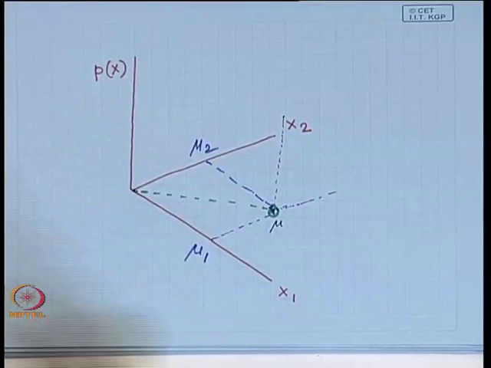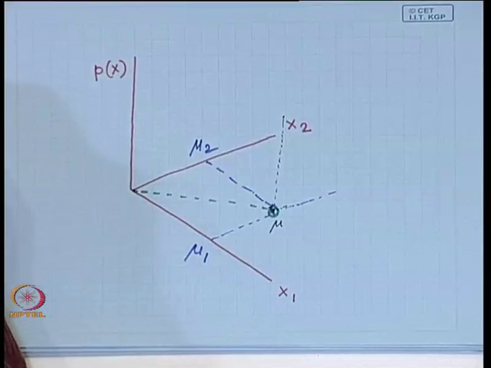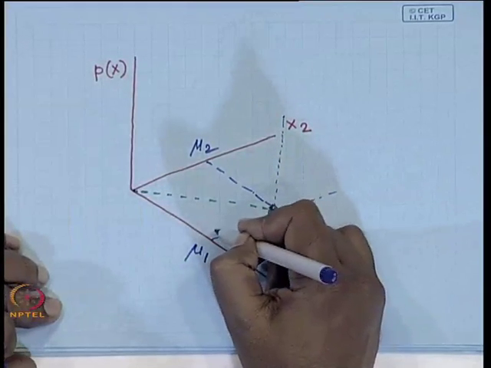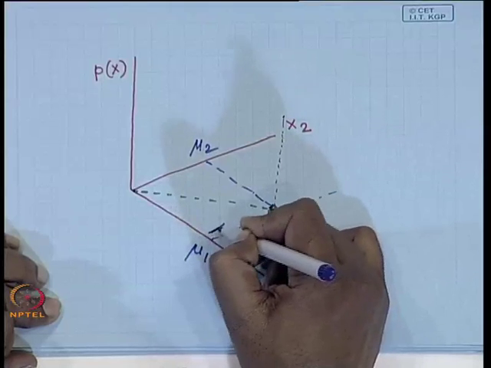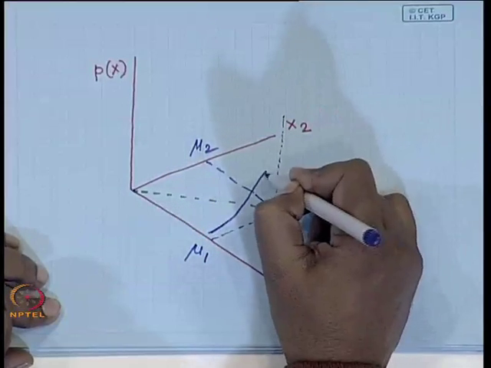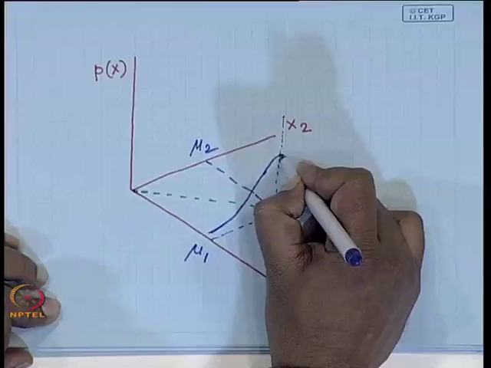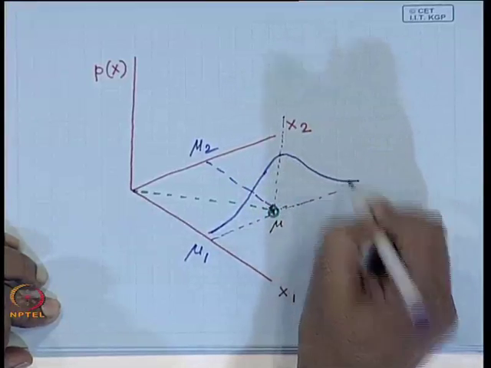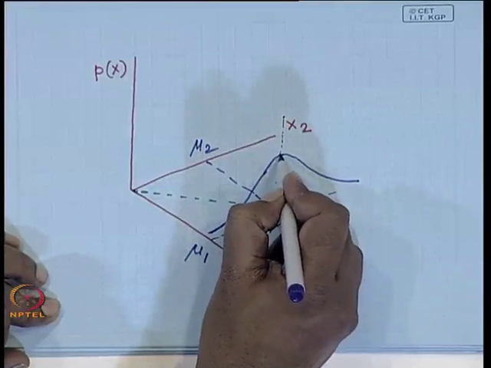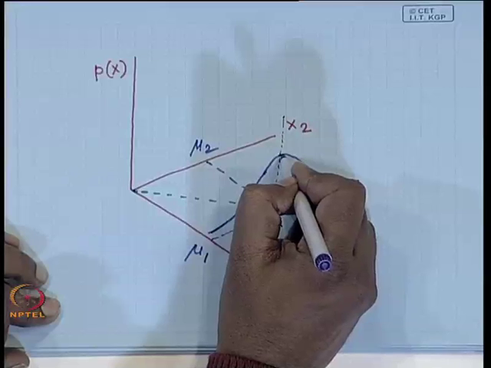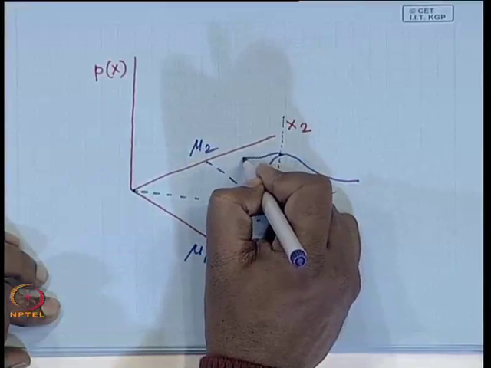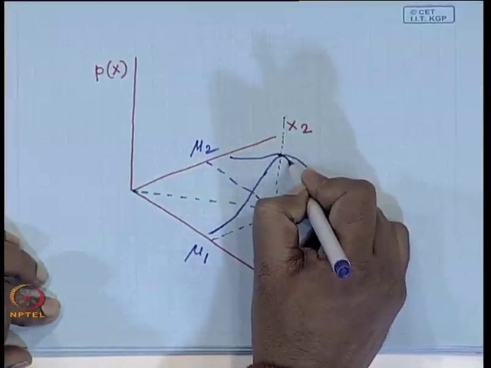Okay, mean position mu, and the densities will be Gaussian along this, and I will also have Gaussian along this.